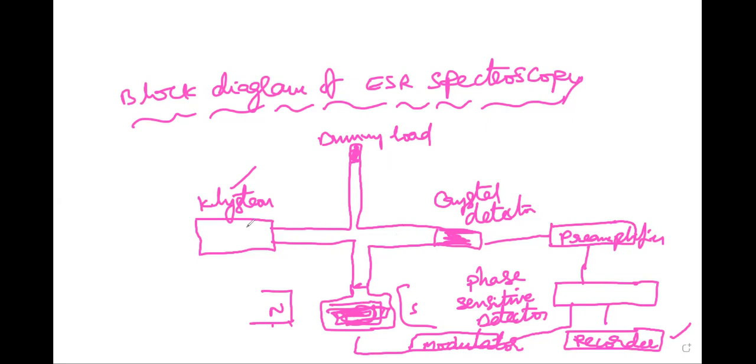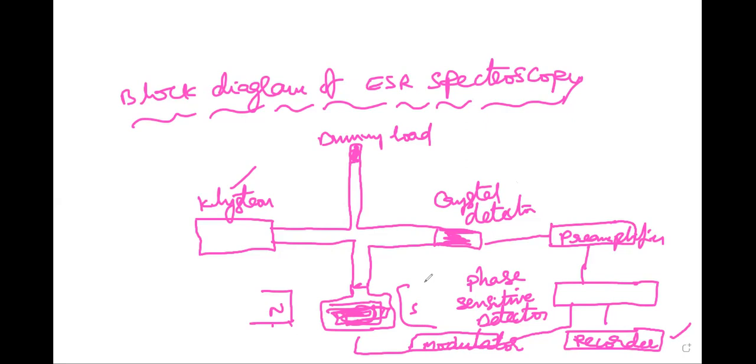At one arm the klystron is, another arm is the dummy load, the third arm is the sample cavity, which is placed between two magnetic poles of the electromagnet, and at the fourth arm a crystal detector is placed. The magnetic field is swept over a small range across the resonance condition by varying the current in a pair of coils mounted on the cavity walls.